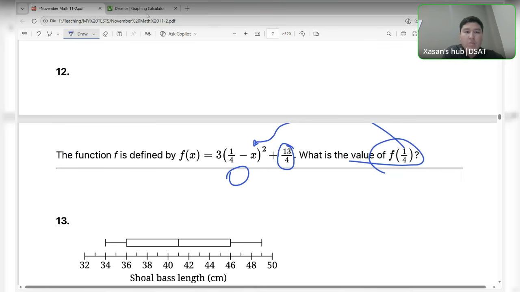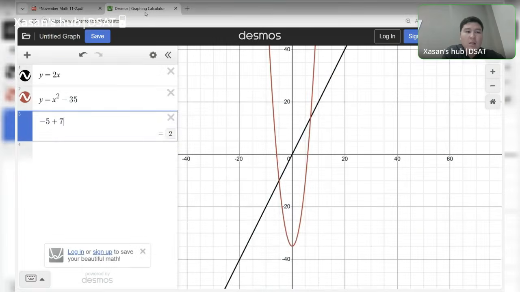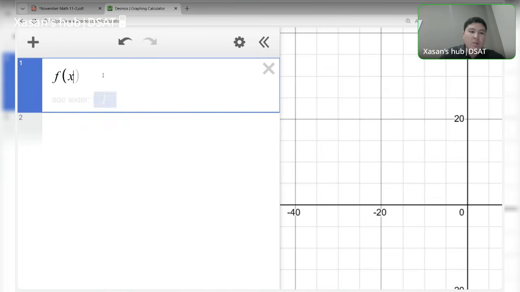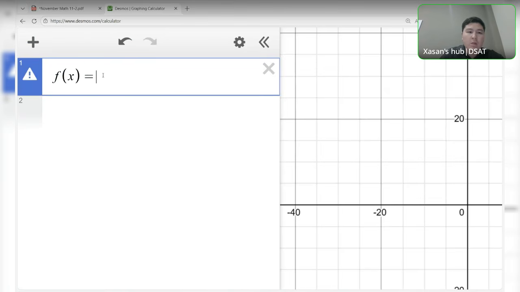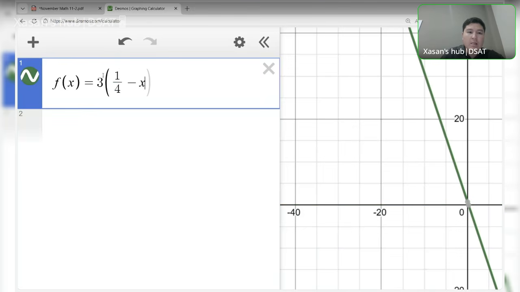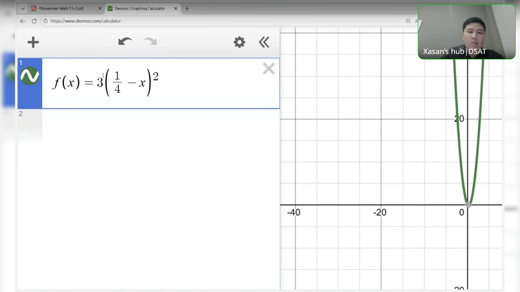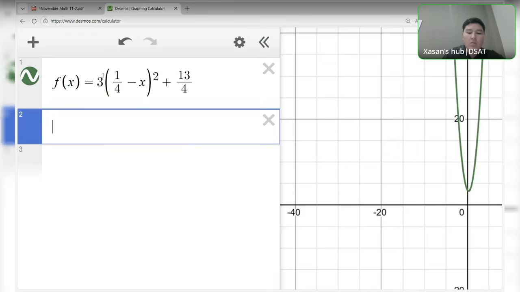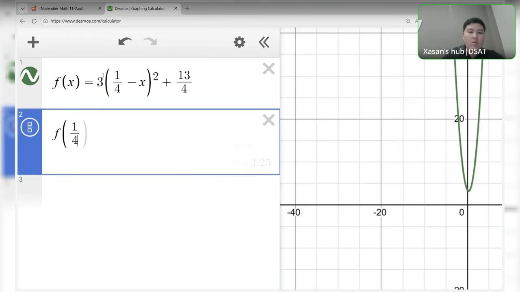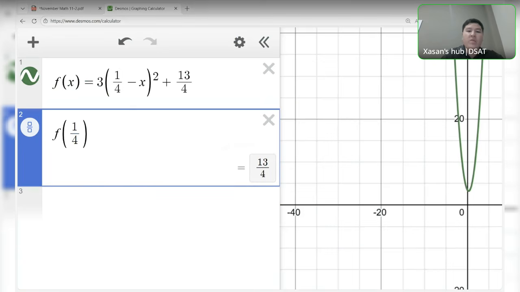But if you want to solve by Desmos, you have to write the equation f of x equals 3 times (1 over 4 minus x) squared plus 13 over 4, right? And then you write f of 1 over 4, which is 3.25 or 13 over 4. Yep, Desmos.